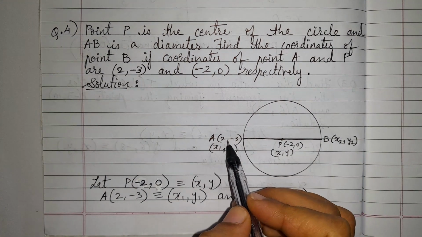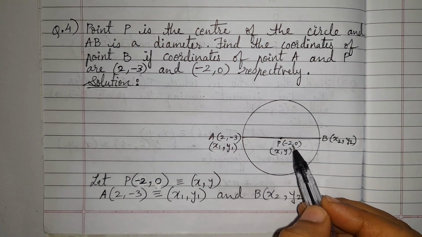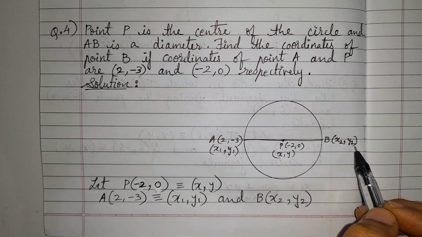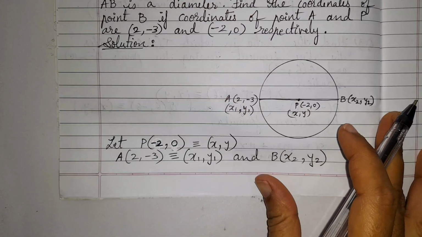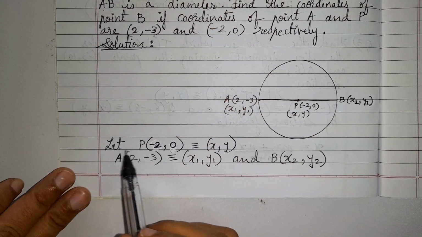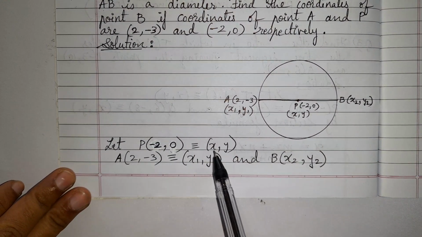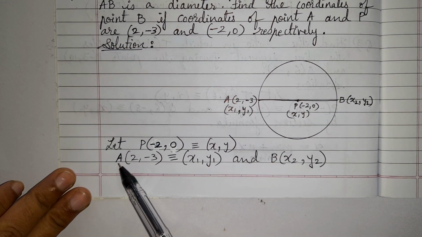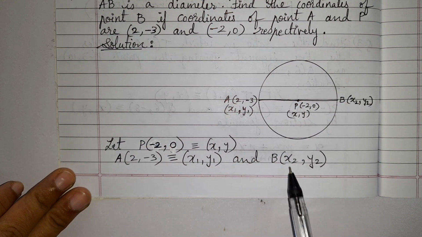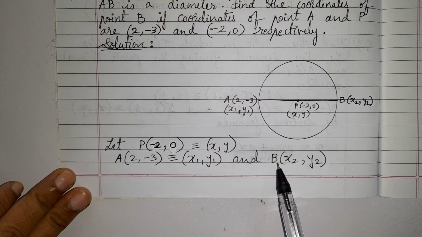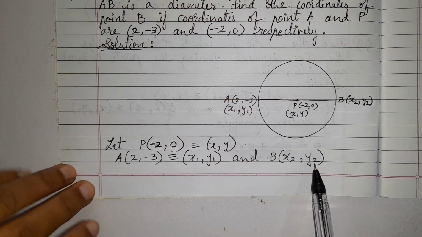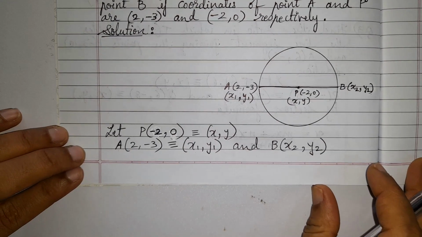Let the coordinates of point P be (x, y), point A be (x1, y1) and point B be (x2, y2).